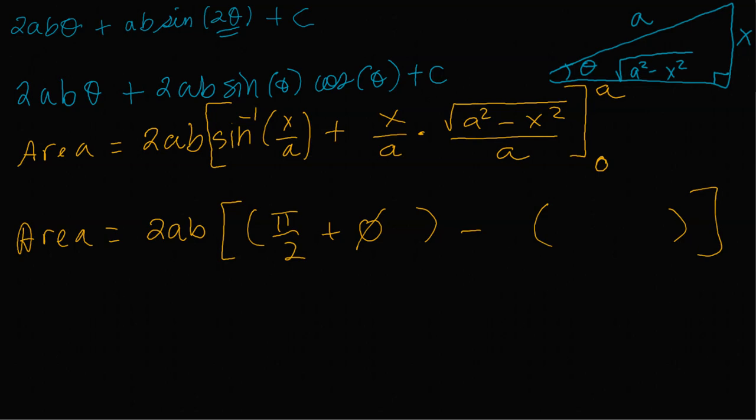And then when x is 0, inverse sine of 0 is going to be 0. And then when x is 0, this part is 0, so that makes the whole product 0. So we have 0 right here. Good thing for a bunch of zeros, right?